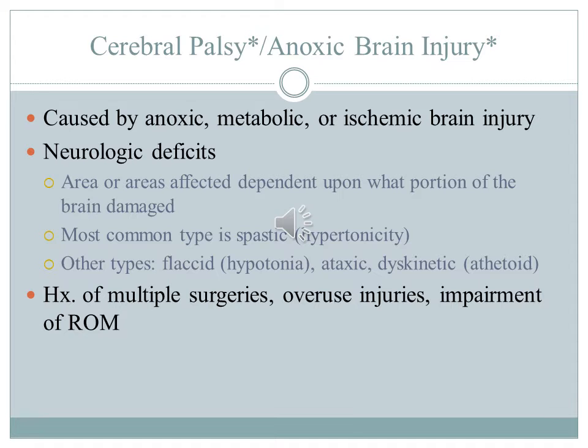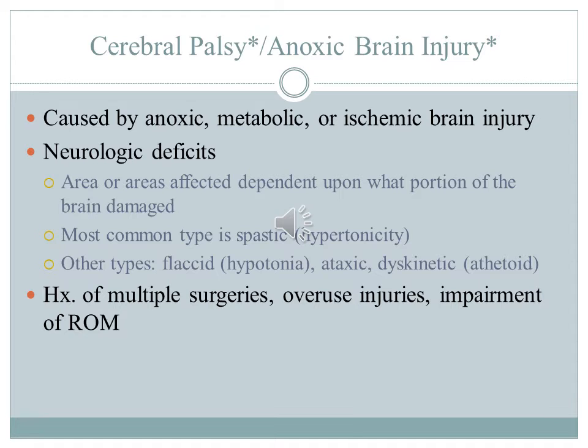So I have here listed some of the types of cerebral palsy that actually occur. You have what's the most common type, which is the spastic or the hypertonicity, where the muscles are in an excited state. You have the other types. You have the flaccid, which is the hypotonia, which is the opposite of the hypertonicity.